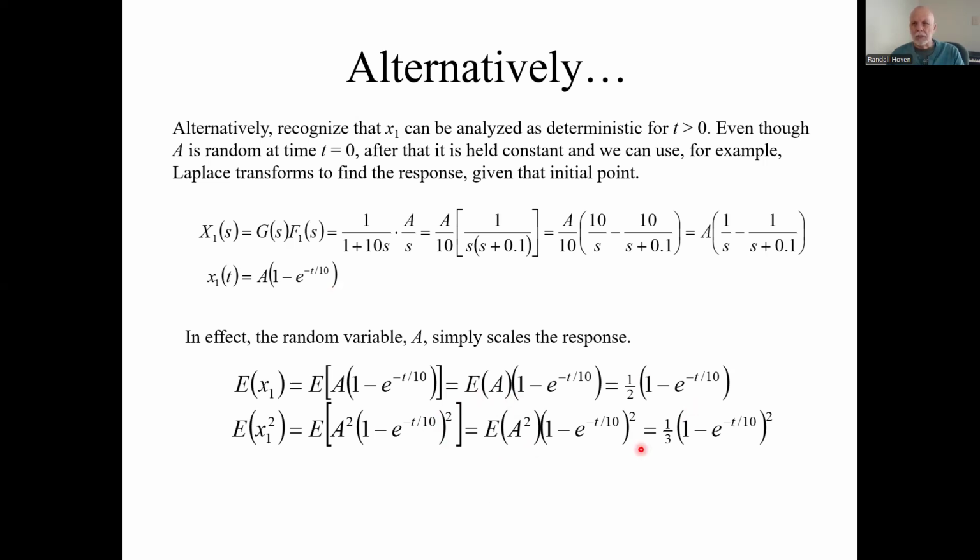Anyway, you get the same answers as on the previous chart, but it's a different way to think about it, because after time zero there's no more randomness. The only randomness, at least due to this input, came right at time zero, random in how big of a little jolt that was.